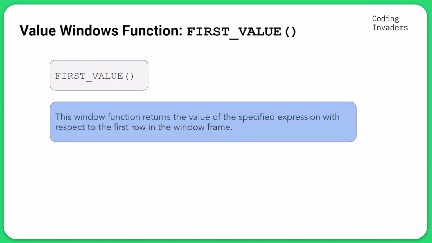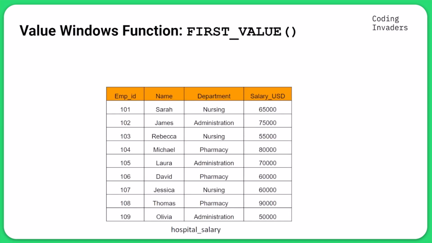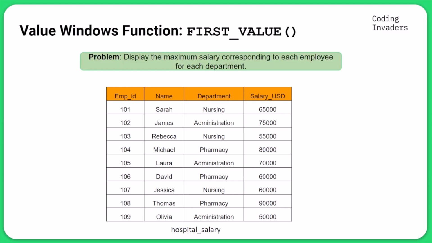Let's understand this with the help of an example. Again, let's look at the hospital salary dataset, which had different employees across different departments of the hospital and their salary. Now let's say we want to display the maximum salary corresponding to each row for each department.